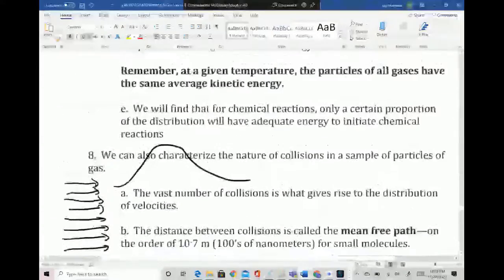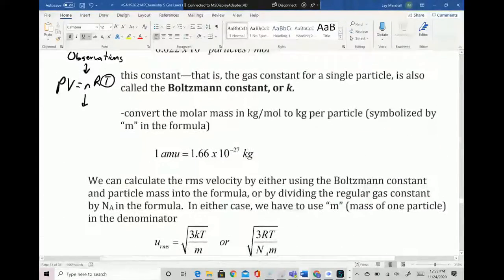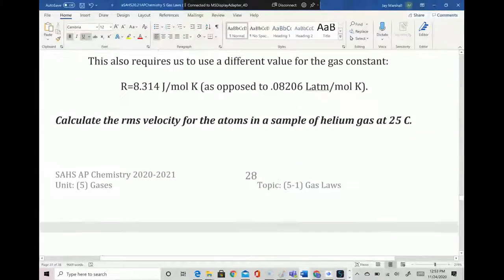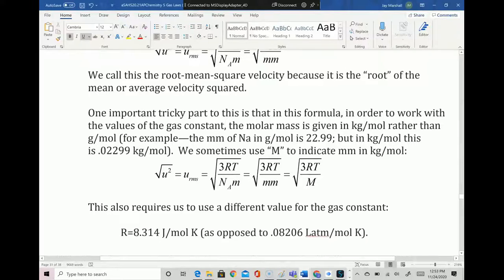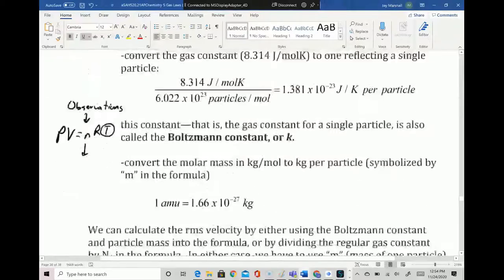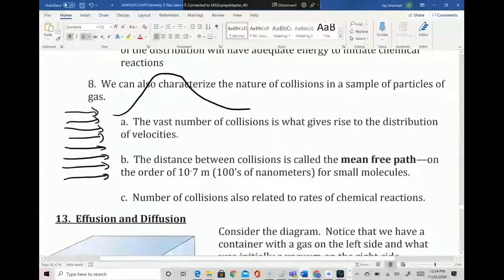Remember back up here, we said we use the big M to indicate molar mass in kilograms per mole rather than in grams per mole.